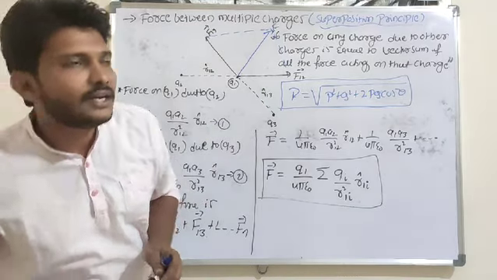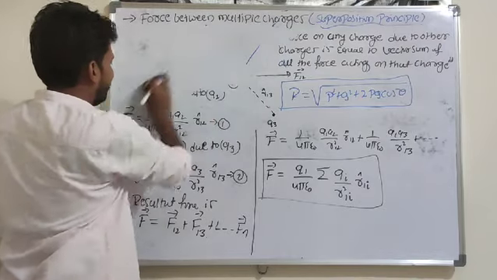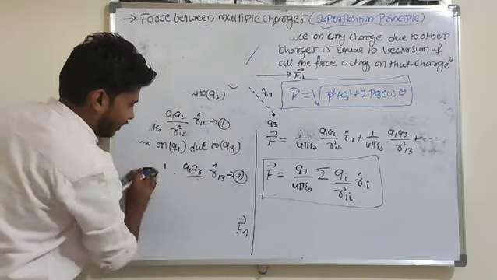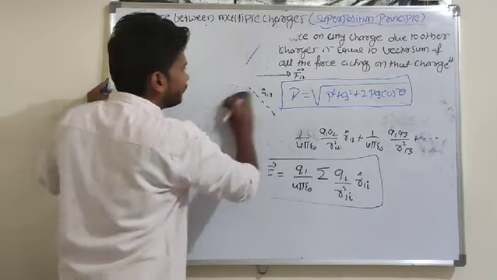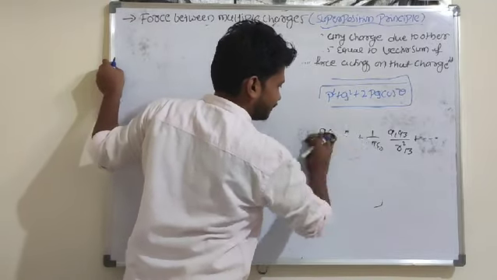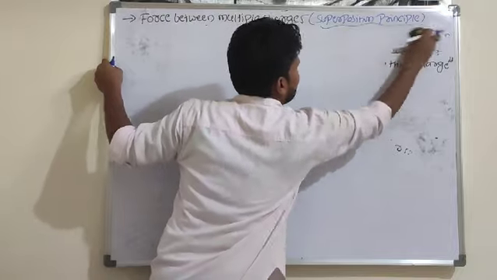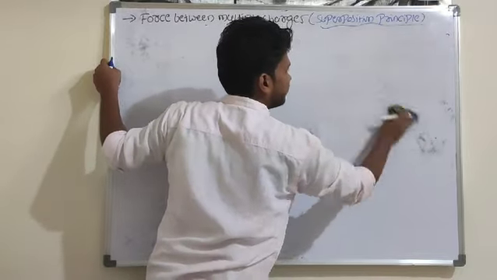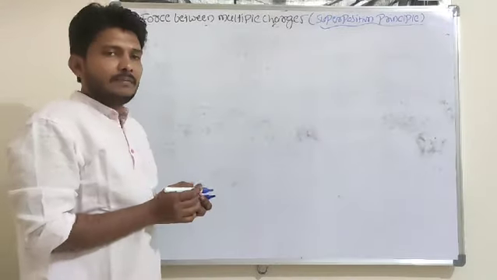So what are the limitations of Coulomb's law? Let me understand the limitations related to Coulomb's law. In Coulomb's law, I got the force between multiple charges, the vector form of Coulomb's law, as well as the force between multiple charges.